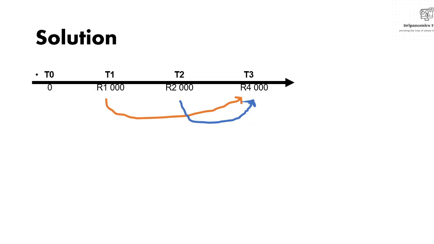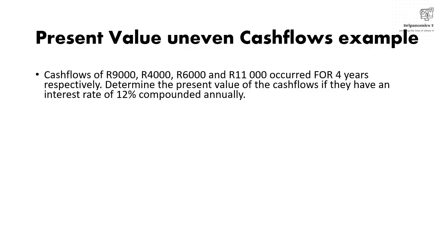Okay, now with present value and even cash flows, like I said, you will do the net present value method. If you look at your financial calculator, that is where we now add another button. Look at the top right corner, where we do our begin and end mode, the MAR button.